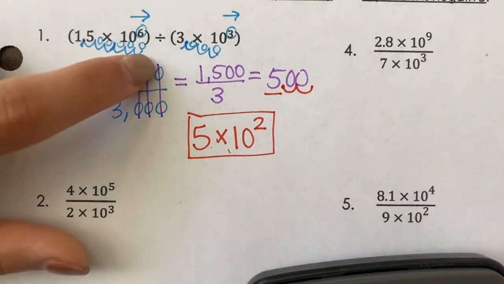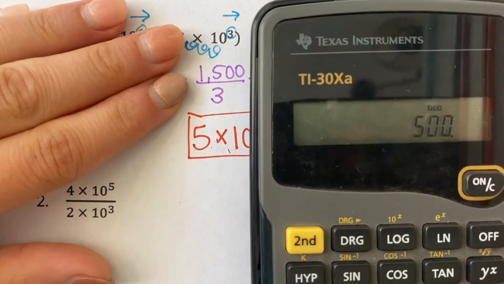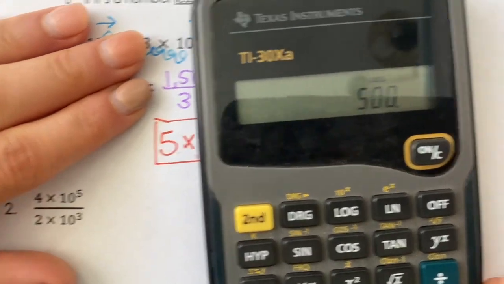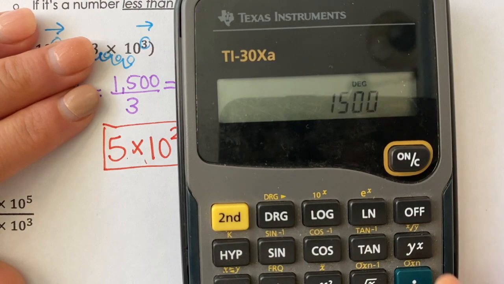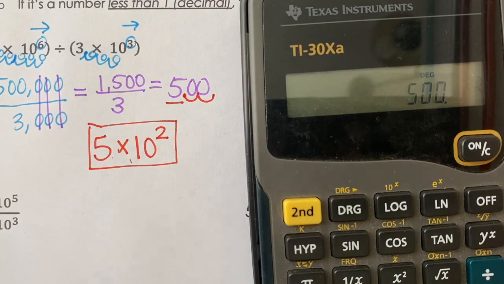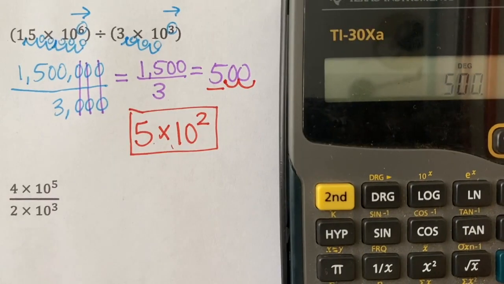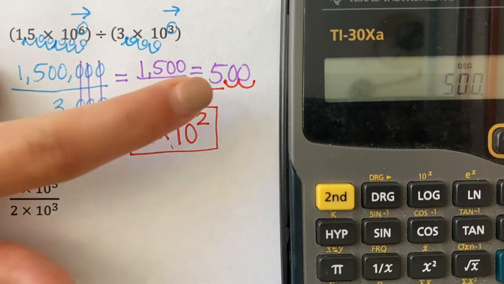You can also cross out your zeros to get this problem and then put that in your calculator. So then you have 1,500 divided by 3 is 500. So either way, you get your answer. You can do the little trick and then use long division to get your answer.